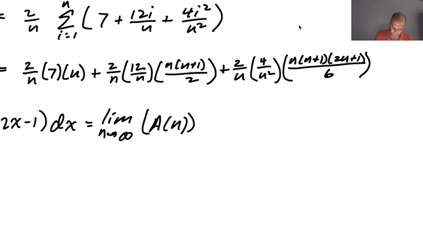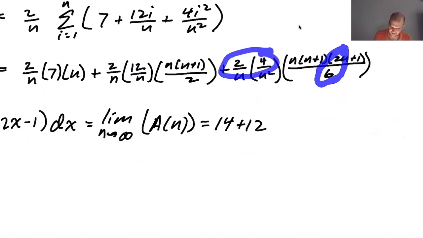And then this we can more or less do in our heads, I would say, because this is 14n over n, so just 14. This is 2 times 12 over 2, so just 12. This is the one that got me last time. This is 2 times 4, and then over 3, because those cancel, so 8 over 3.